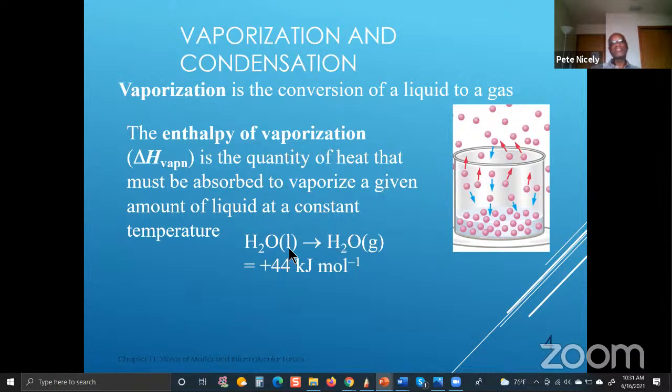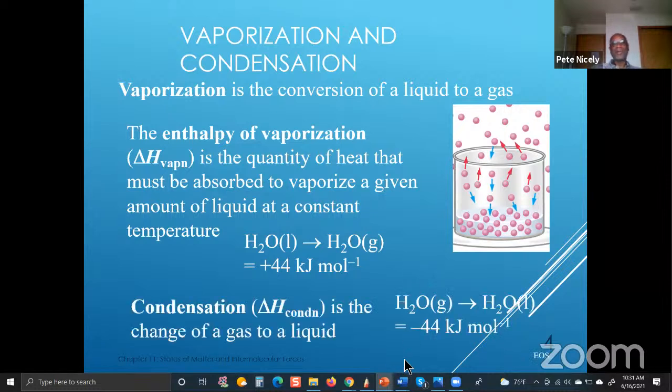So for example, in the case of water, to convert H2O liquid to H2O vapor, the amount of heat needed is 44 kilojoules per mole. And of course, it's positive. You'd expect that because energy is required and therefore that process would be an endothermic process, all right? So that's what enthalpy of vaporization is all about.